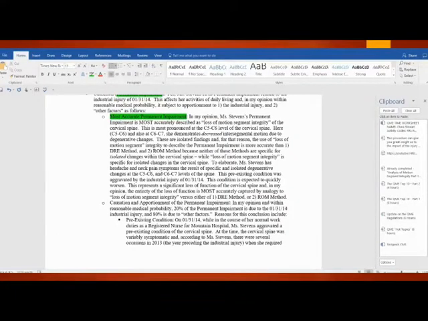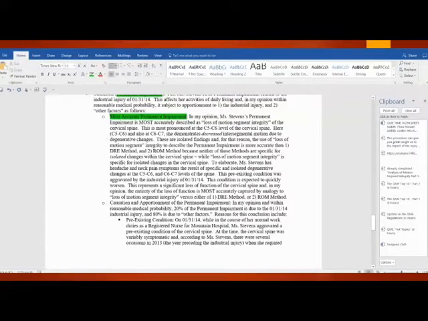This condition is expected to quickly worsen, and this represents a significant loss of function of the cervical spine, and in my opinion, the entirety of the loss of function is most accurately captured by analogy to loss of motion segment integrity versus either of the DRE method or the range of motion method. And then here below, I then provide for my approximate percentages of the permanent impairment.